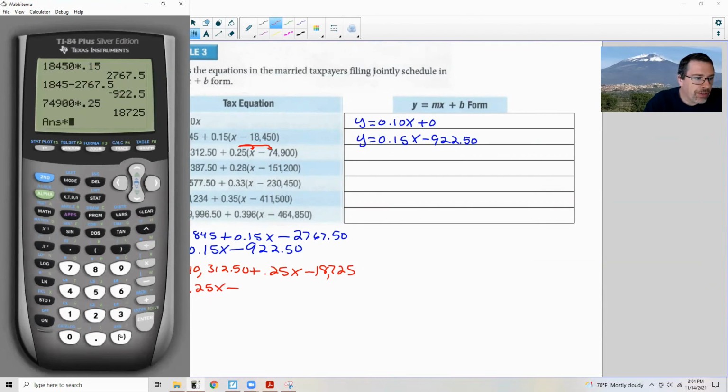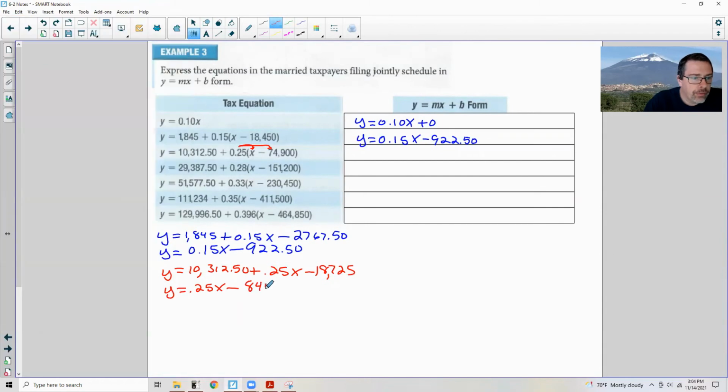It is negative, so I could say times -1 just to not confuse you. So now it's negative 18,725. I will add 10,312.50 to it, and I get negative 8,412.50. So my y equals 0.25x minus 8,412.50.